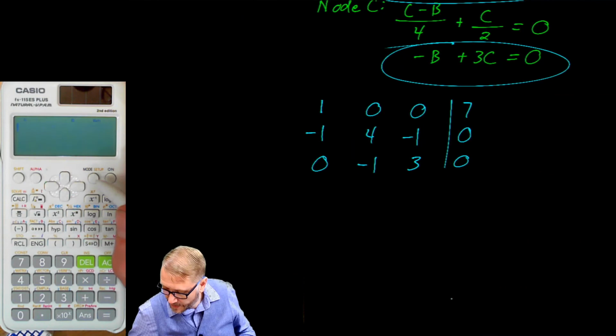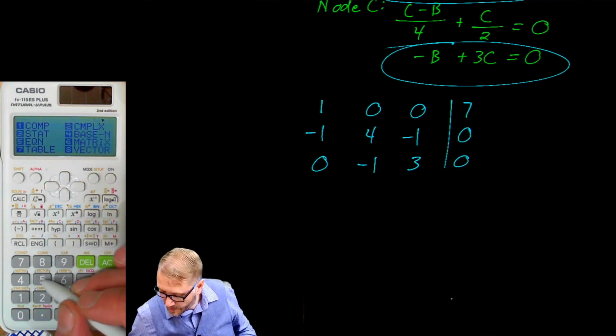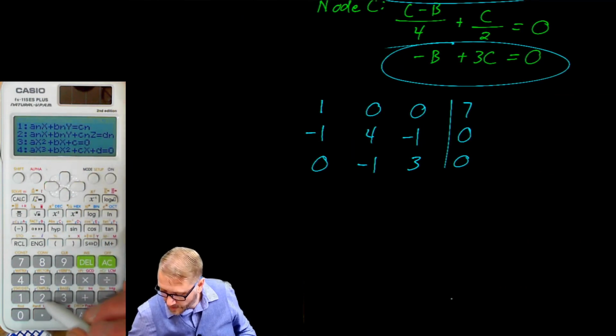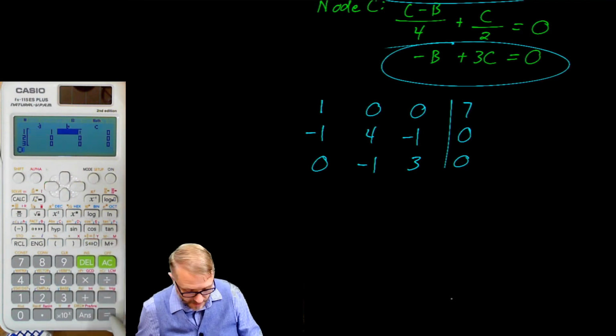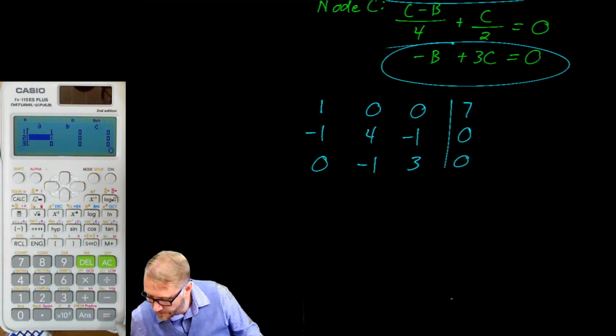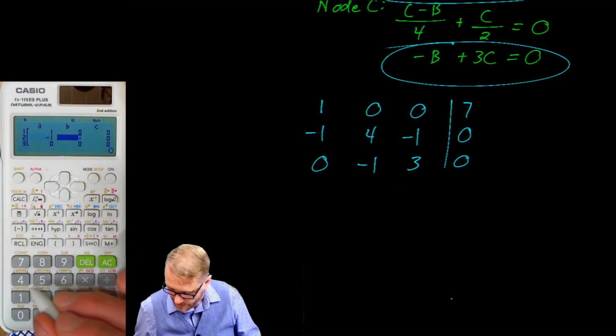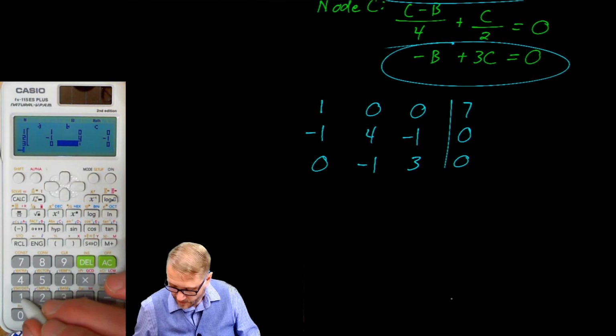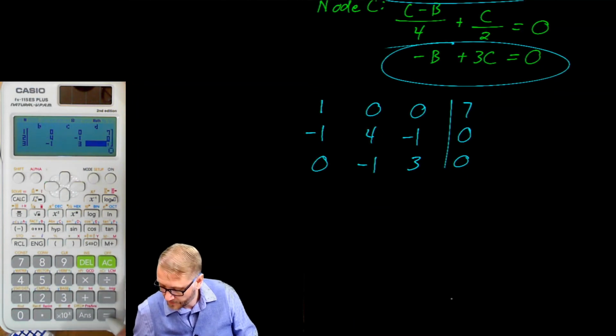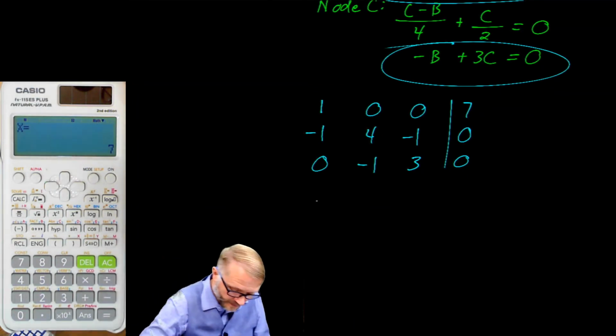Going to your calculator, set up equation, we want number 2, and then enter the values. 1 equals 0 equals 0 equals 7 equals. That takes care of the first row. Negative 1 equals 4 equals negative 1 equals 0 equals 0 equals negative 1 equals 3 equals 0 equals. And if we've done it right, voltage A is equal to 7 volts DC.